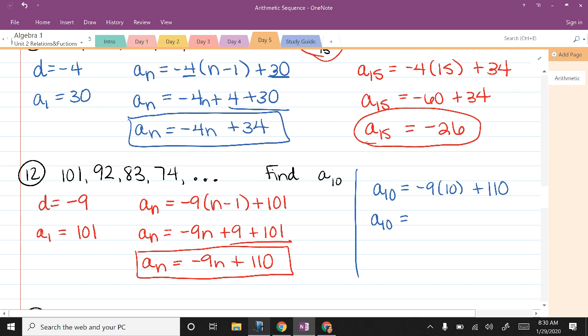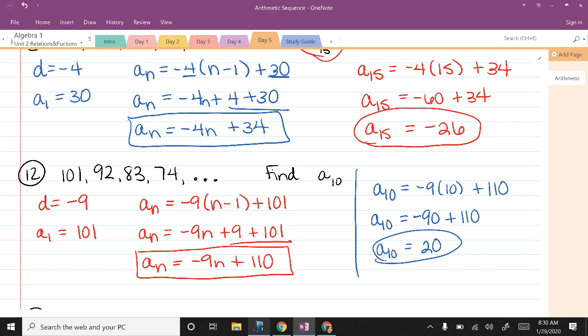What's -9 times 10? -90 plus 110 is what? +20. So my 10th term, if I keep subtracting 9 every time in that sequence, when I get to the 10th term, it'll be at 20. It's not so bad, is it? It's not so bad. You're just plugging in two things.